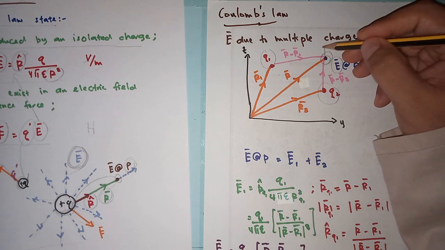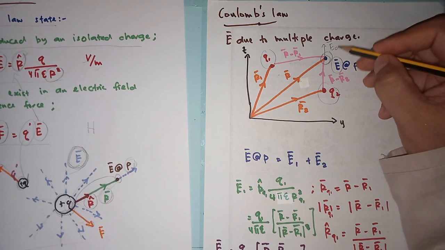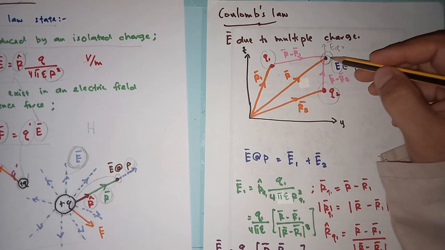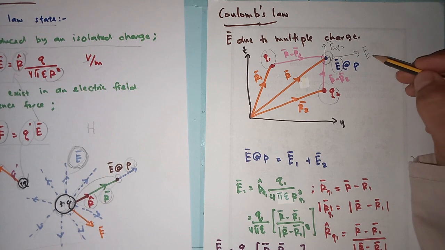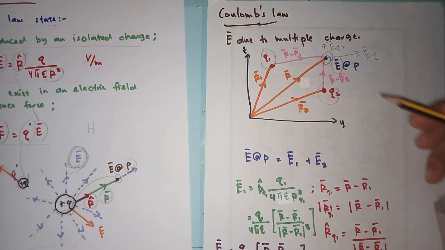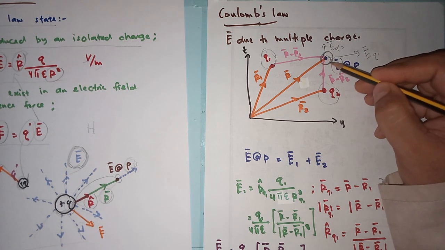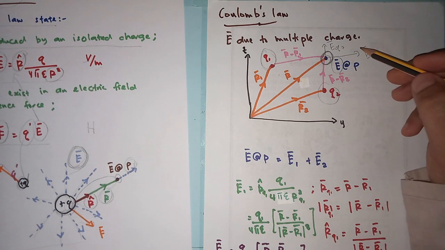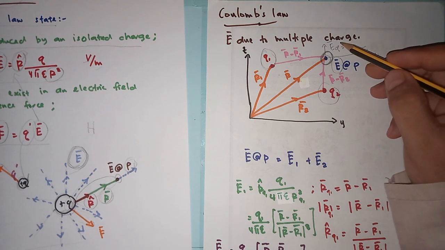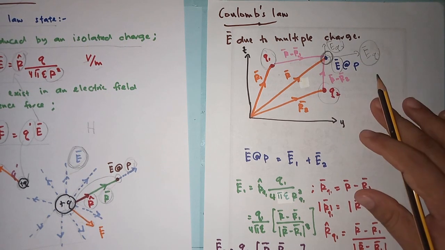One is the field produced by Q2, and the other one, in this direction, is the electric field produced by Q1, our first charge here. So in order to calculate the electric field at this point, we need to add the two electric fields produced by each charge.